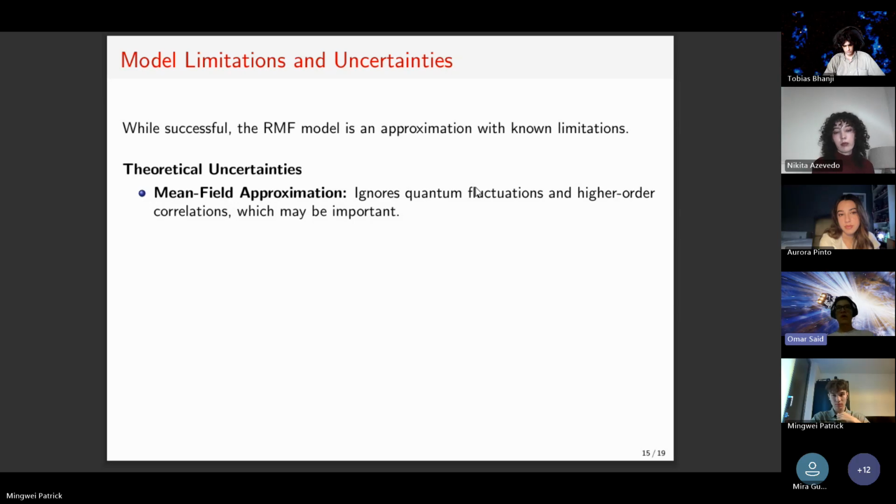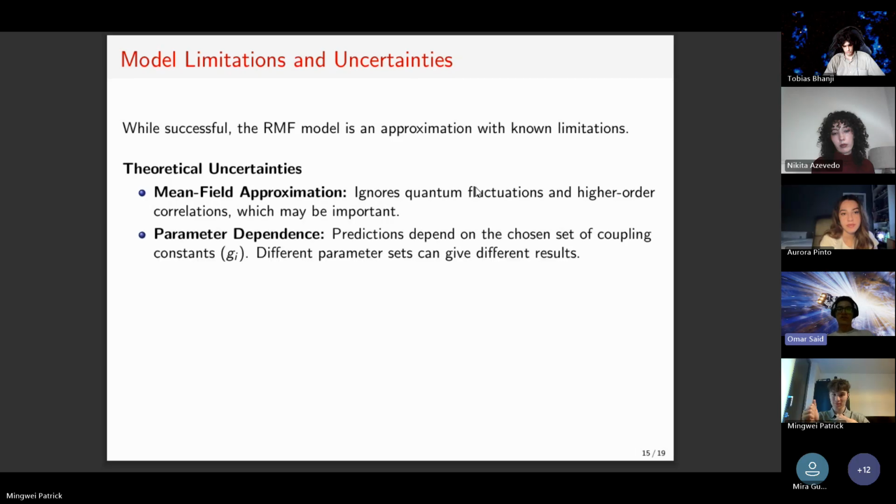That's actually why we were able to solve the super hard impossible equations, because we just got the average of them. And also the parameter dependence. The predictions depend on the chosen set of coupling constants, g_i, and different parameter sets can give us different results. So we need to apply our model to a real thing, like real constants.